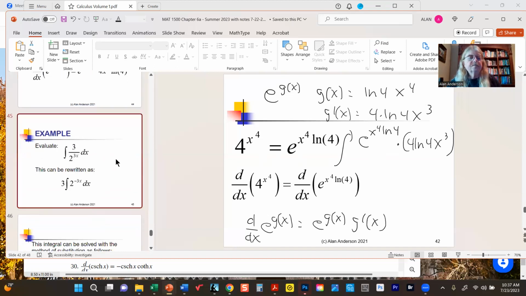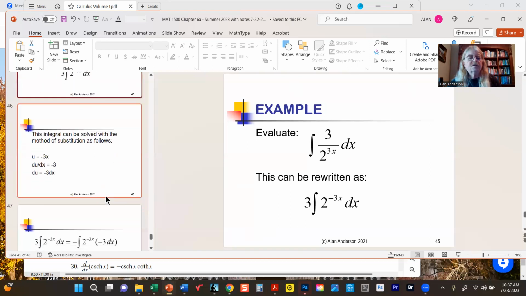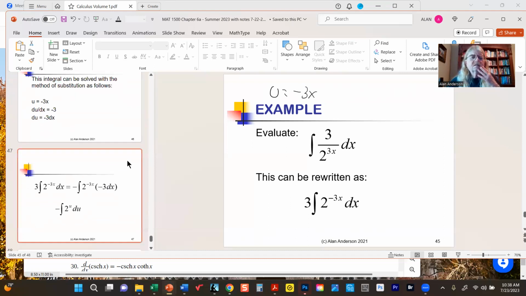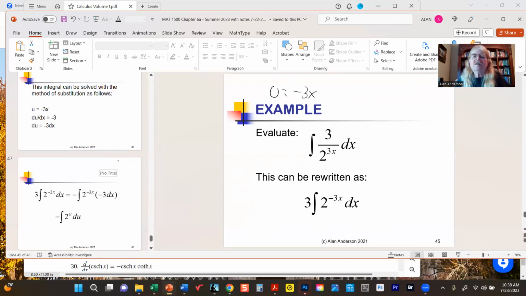Now, this one. Well, of course, as we so often see, we can rearrange it algebraically. So which one is this? We may not need any of those specialty rules if we let u equal minus 3x. Let's see. Yes, we will. Sorry, we will definitely need one of the special rules because we do not end up with e to the u.